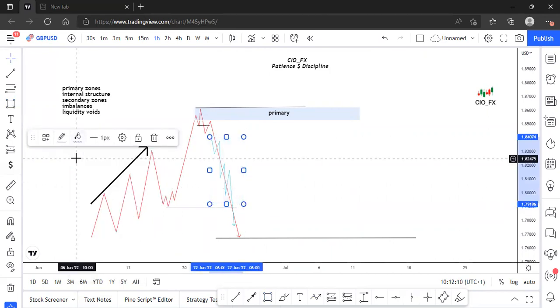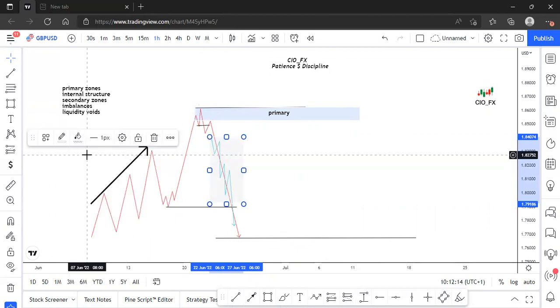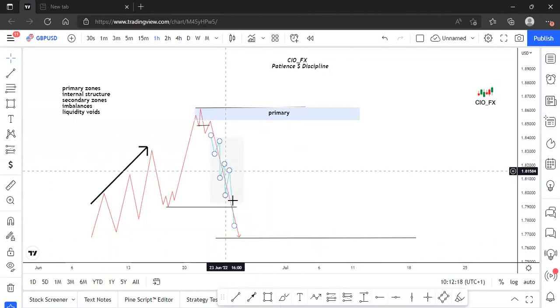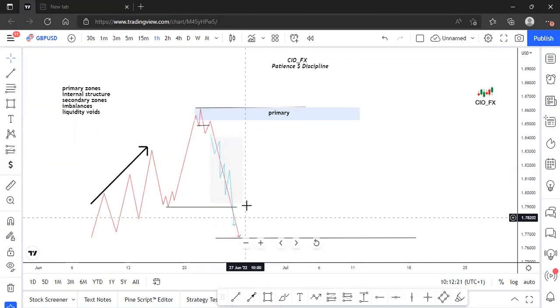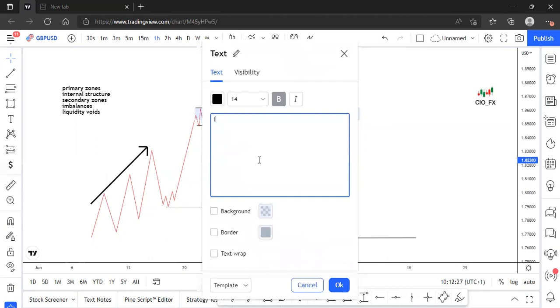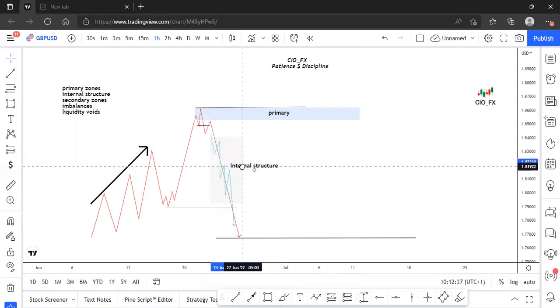The one that causes the break of structure is your internal structure. So you can write this as internal structure.